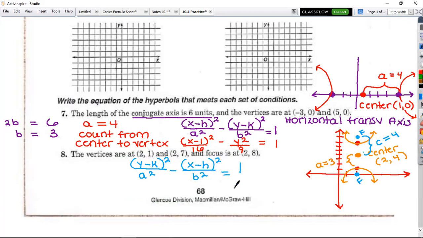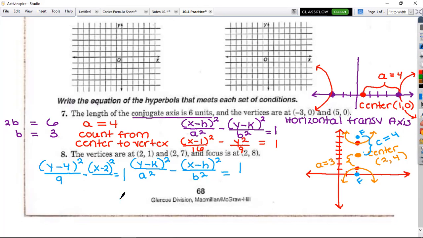Our center point is at (2, 4), so I'm going to have (y minus 4) squared over a squared. Did we have that somewhere? Yes, here's 3, so you're going to go 9. Minus (x minus 2) squared over b squared, which we have to find, and this is equal to 1.